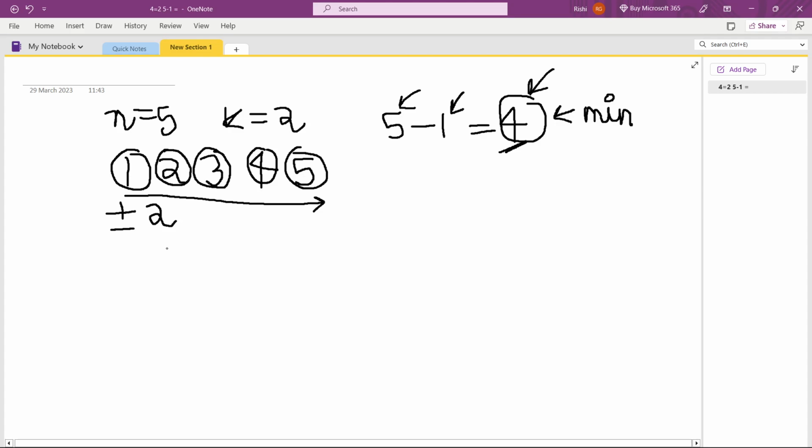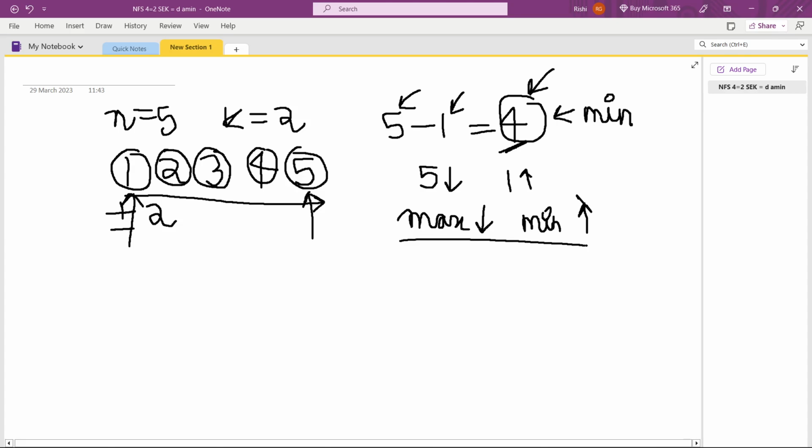So what we can think is, we have our maximum here, we have our minimum here, and we have to minimize the difference. So we should decrease 5 and we should increase our 1, or we can say we should decrease our maximum and we should increase our minimum, so that the difference between these two becomes the minimum.